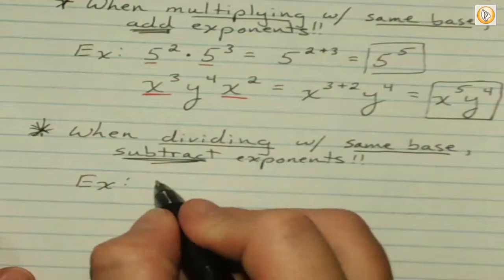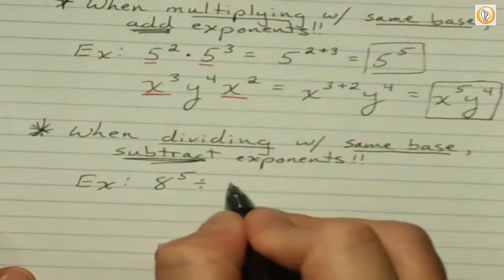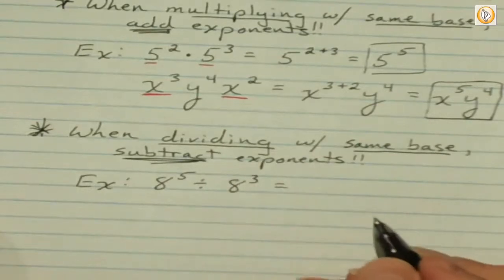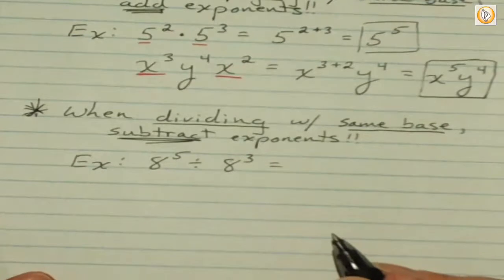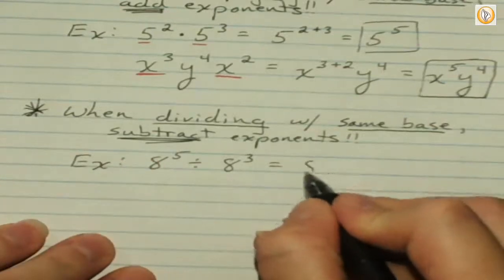For example, 8 to the power of 5 divided by 8 to the power of 3. If we're subtracting, now remember, with dividing, whatever number you put down first makes a difference. The first one always comes first.